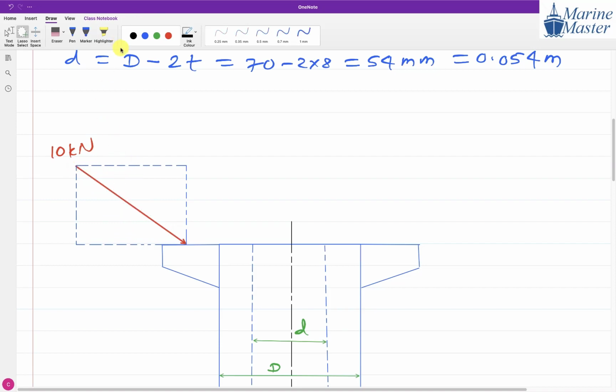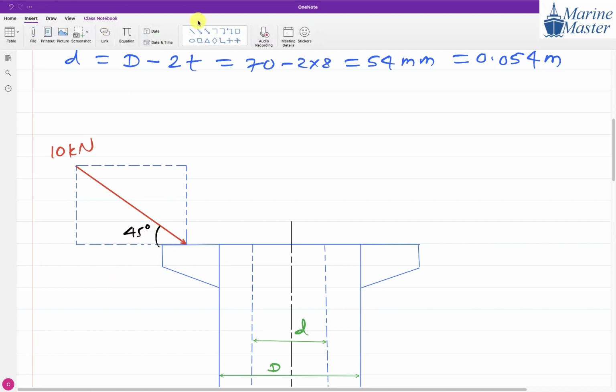And now this 10 kilonewton is making how much angle, guys? 45 degree. Observe. So now here, as the force is going inward, the components also go inward. So one component like this, a little bit dark, so that it is properly visible.